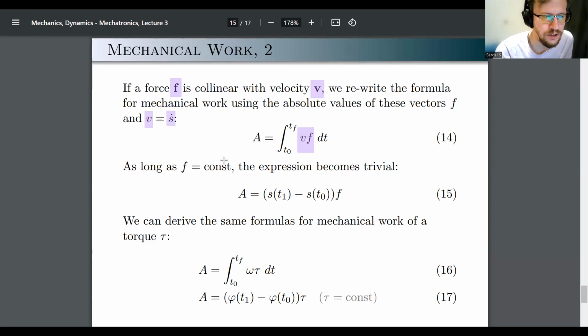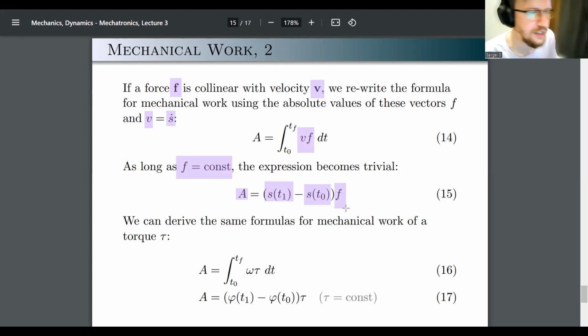And if F is constant, then A is equal to the position at the end minus the position at the beginning, times F. Great, that is absolutely great. That's what we like.